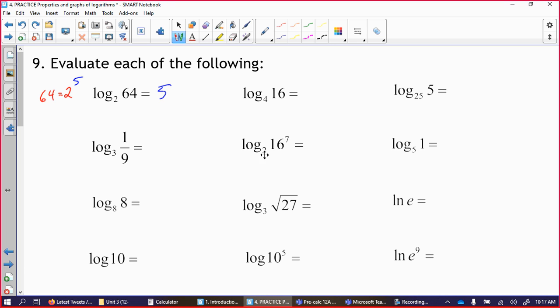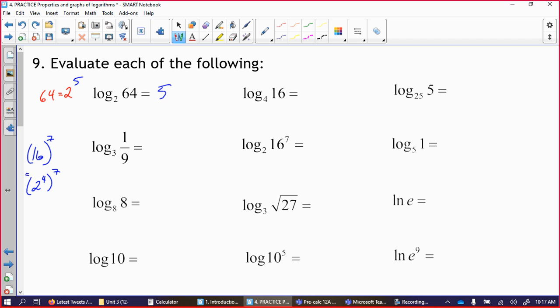But this one here, log base 2 of 16 to the power of 7. Well, there's a common base, 2, for 64 and 16. Can I express 16 as a power of 2? 2, 4, 8, 16. So that's 2 to the 4th to the 7th.